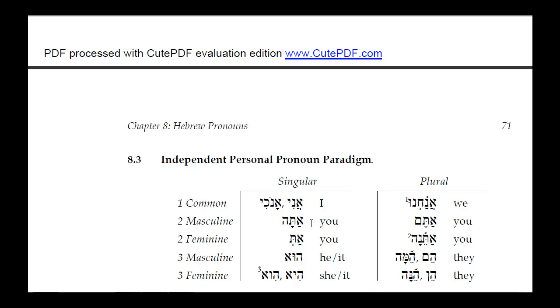The second person, masculine, is ata. We're very familiar with this particular personal pronoun because we hear it in the blessings: Baruch ata Adonai, blessed be you. So ata is the masculine singular.